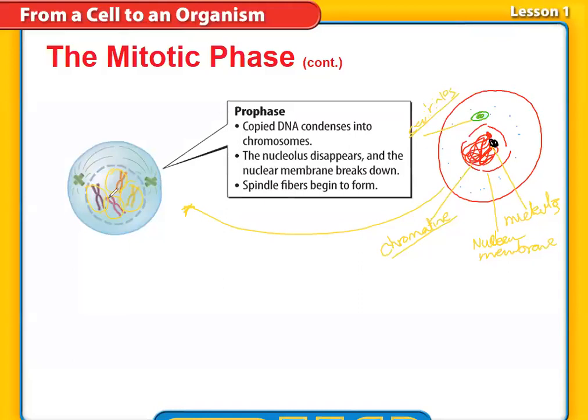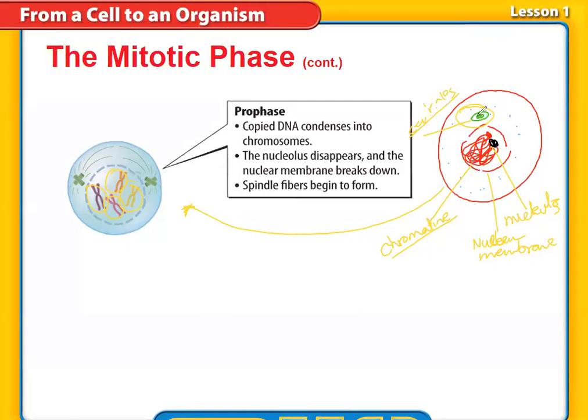No. So the nucleolus also disappears. Then each centriole starts to migrate to one side of the cell.